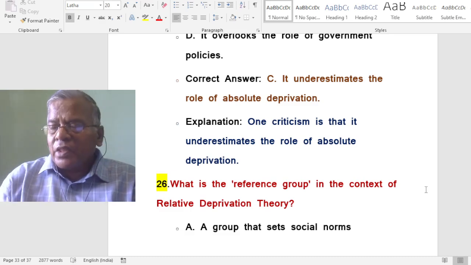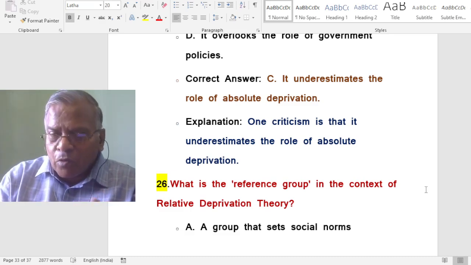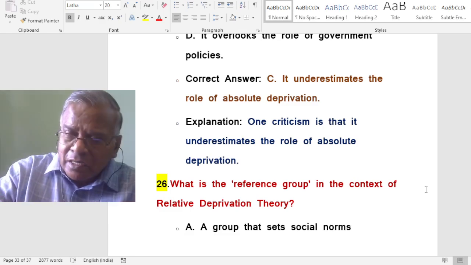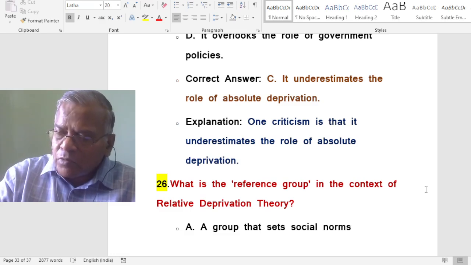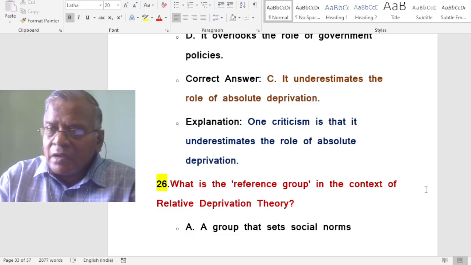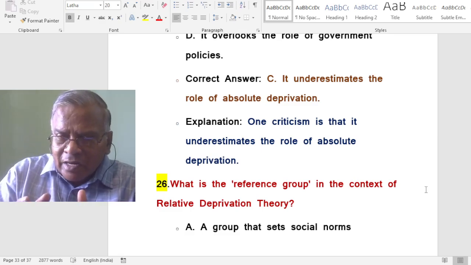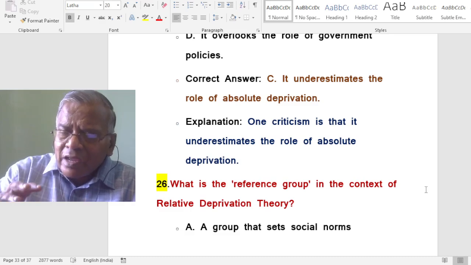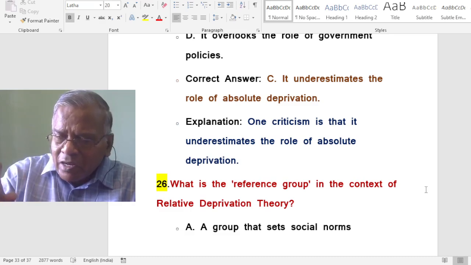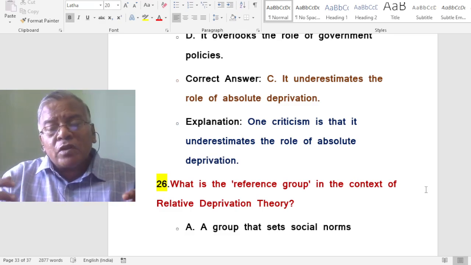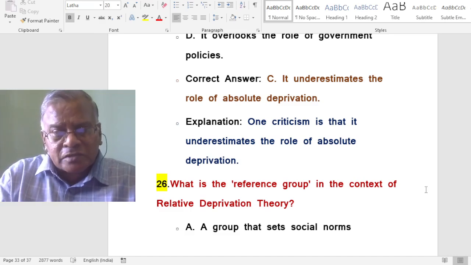For an example, one particular group compares with another group. Just because the second group gets more and more, perhaps they are having a better quality of life. Now the problem is that they are able to see only this particular type of inequality. Perhaps there are not more resources. That is also possible. That is called absolute deprivation.